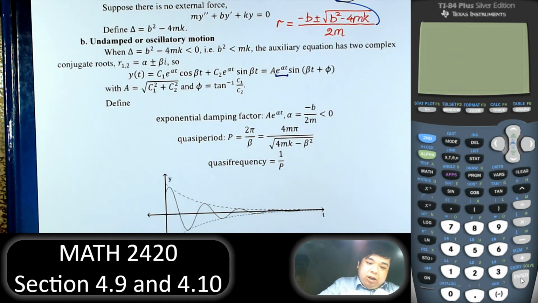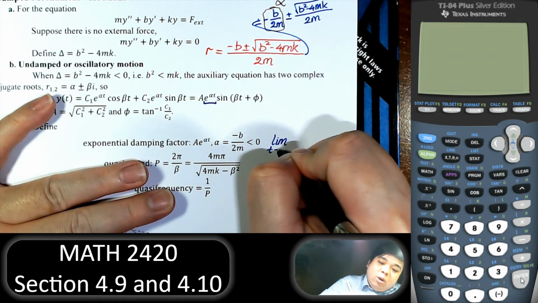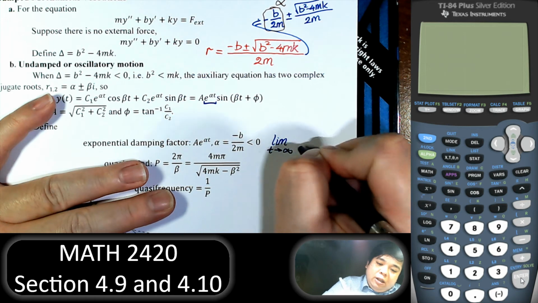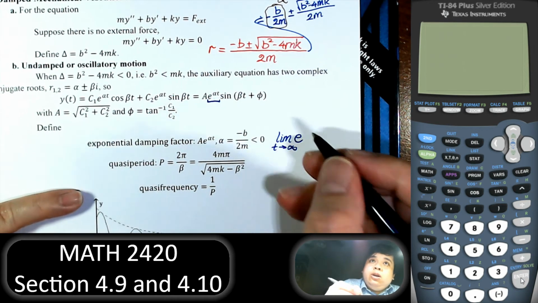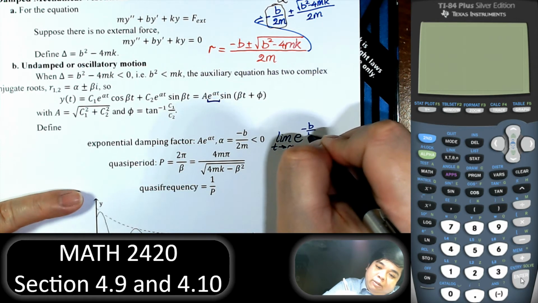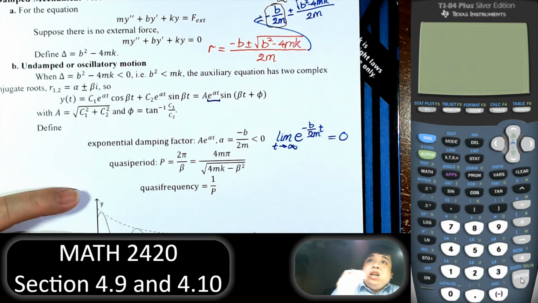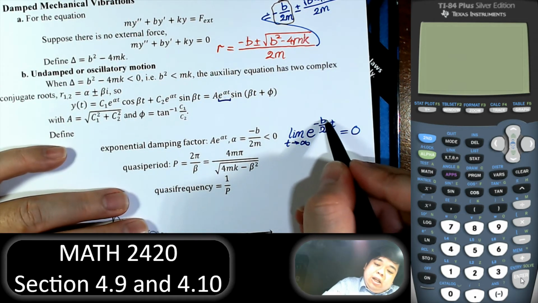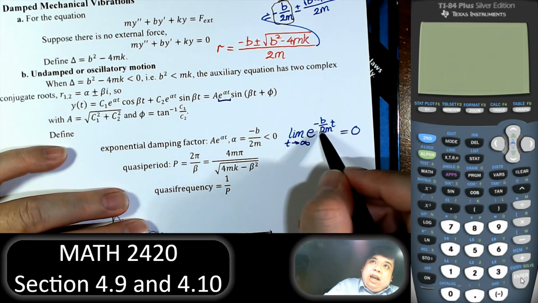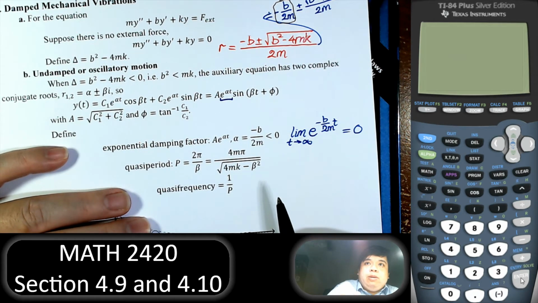Let me just write the limit as t goes to infinity of e to the negative b over 2m t equals 0. b is positive, m is positive, so we have a negative here. That is equal to 0, right?